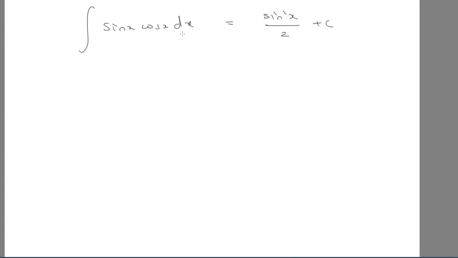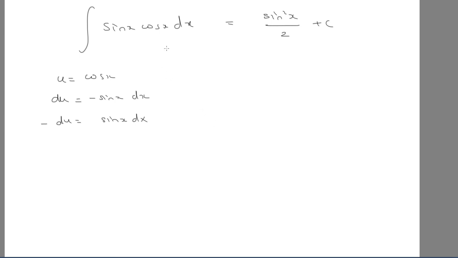So now instead, I'm going to let this one equal to u. So u is equal to cosine x. What is du? du is equal to negative sine x dx. Is that right? Now, if I just minus both sides here, then I get negative du is equal to sine x dx.